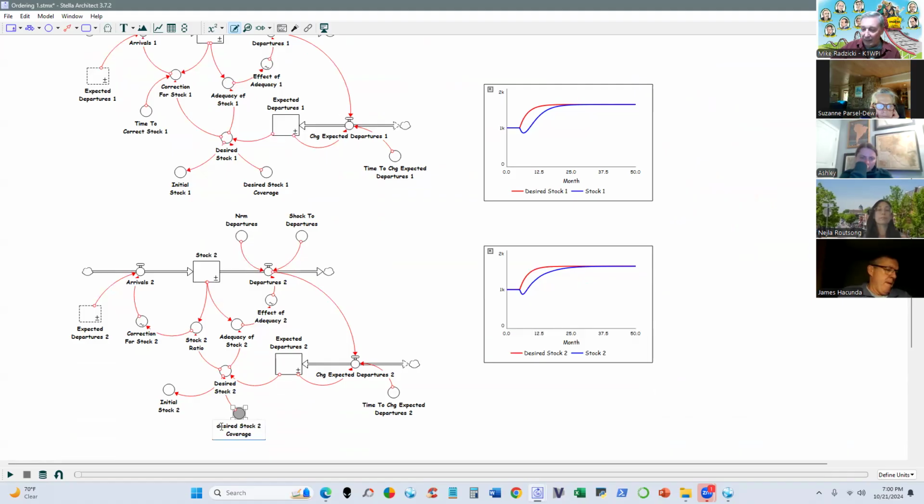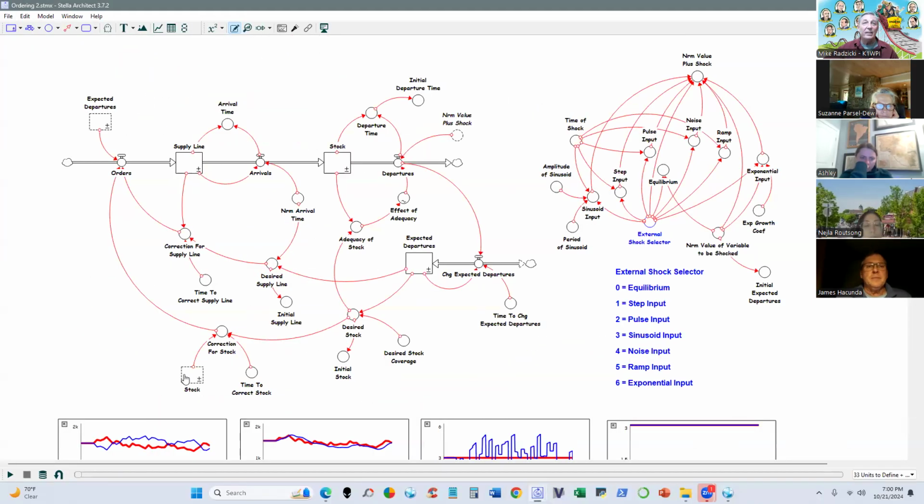Hopefully that makes it consistent when you download these things. I'll repost them. Some of these are almost there. So we have the desired coverage, here's your desired stock, your adequacy for first order control.